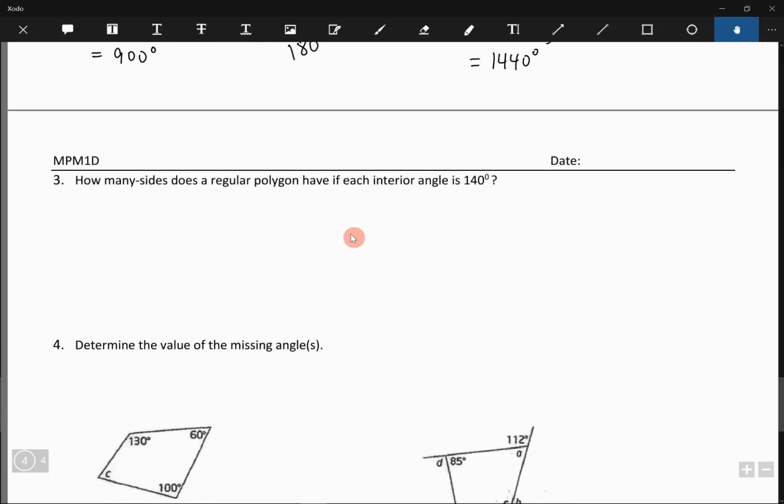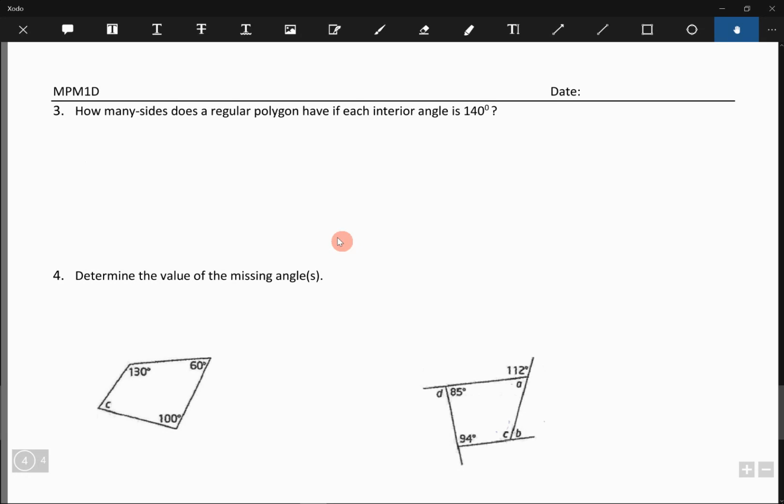Okay, number 3. How many sides does a regular polygon have if each interior angle is 140 degrees? There's a couple of ways you can do this one. Let's call this one method A. I can take the sum of the interior angles, S equals 180 times n minus 2.